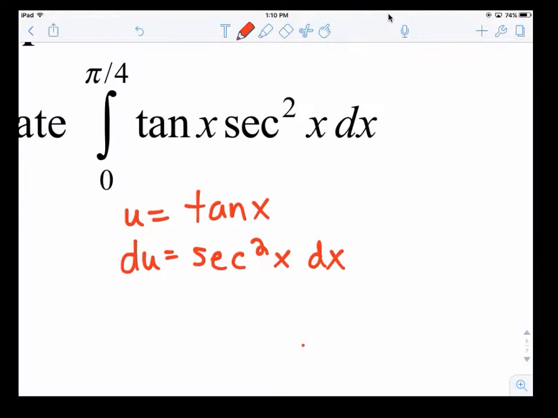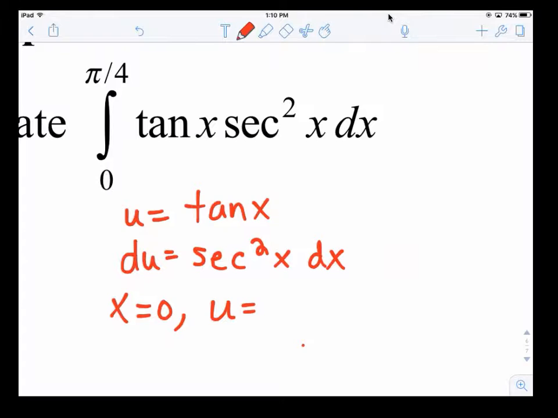Okay, so I have u, I have du, right? Now I just have to change my lower and my upper bounds. So when x is 0, u is going to be what? Again, you're plugging in 0 into there.